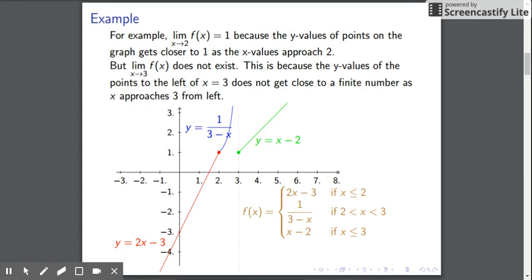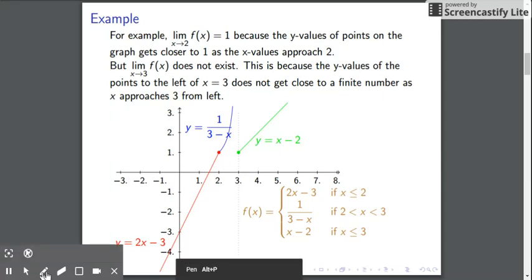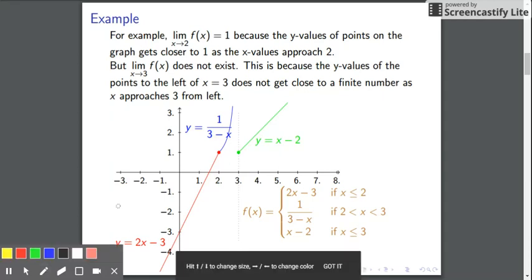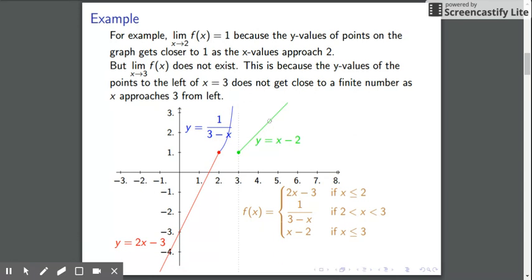Now, what about the limit as x is approaching 3 of f of x? Do we have y values approaching a certain number or not? Look at this. The function has two paths, on the right side and the left side of 3.